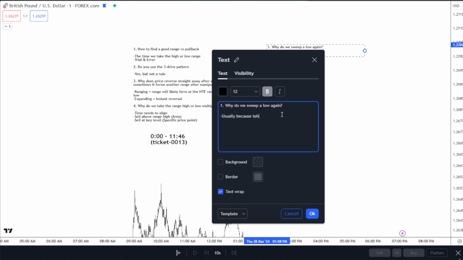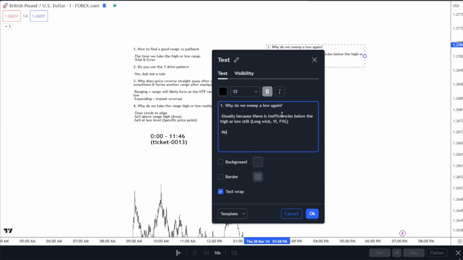Usually because there is inefficiencies below the high or low still, long wick or VI. Well, it could be also long wick, VI, FVG, right?